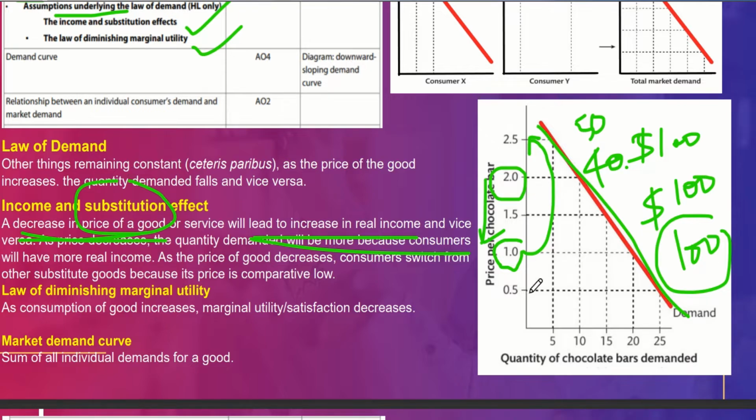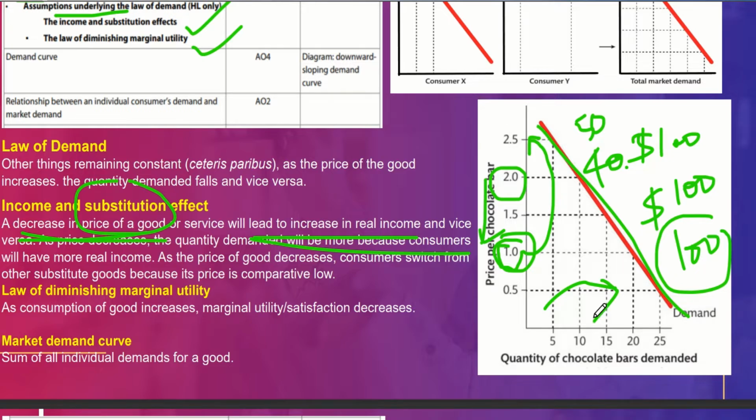For example, if the price of the chocolate bar increases from $1 to $2, what will the consumer do? The consumer will move to another company's chocolate bars, or another flavor, like preferring another company's chocolate bars instead. So the consumers are shifting from one product to another. This is said to be the substitution effect.